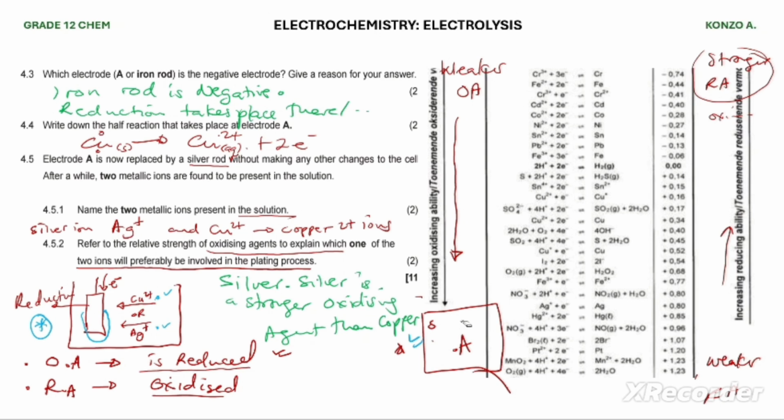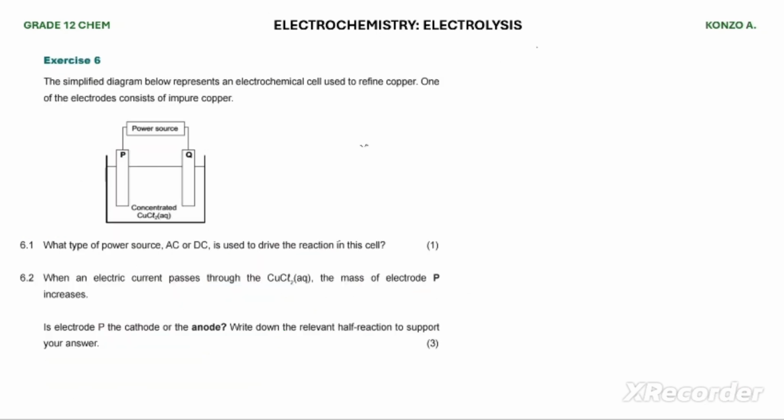So I want to remove this a bit, write it on the other side. But I guess you get the concept. Stronger oxidizing agent. All right, fine. So there we go. That should be your solution there, and hopefully you understood that particular explanation and breakdown of what this was all about. Now, I want to end this here, and in the next smaller section, we'll be talking about exercise 6.